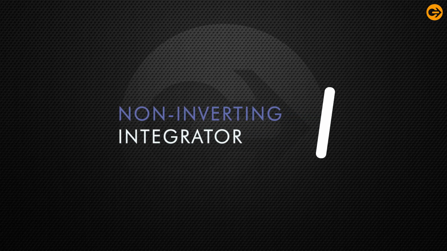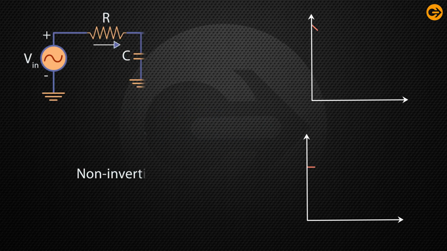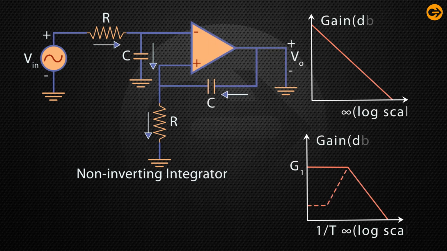Now, the non-inverting integrator. The circuit diagram of an op amp in the non-inverting integrator is displayed. In this mode of operation, the negative input terminal of the amplifier is grounded and the input voltage Vin is applied to the positive input terminal through the resistor R. In the non-inverting amplifier, the voltage between inverting and non-inverting terminal is the same.